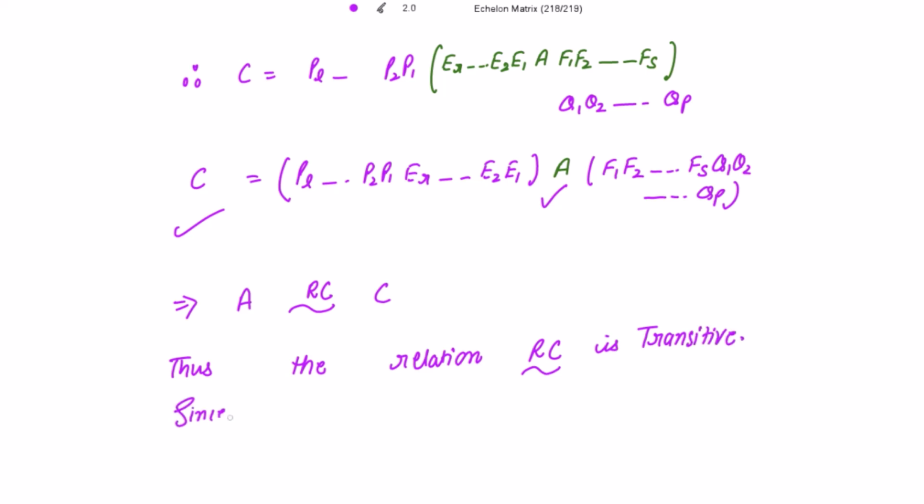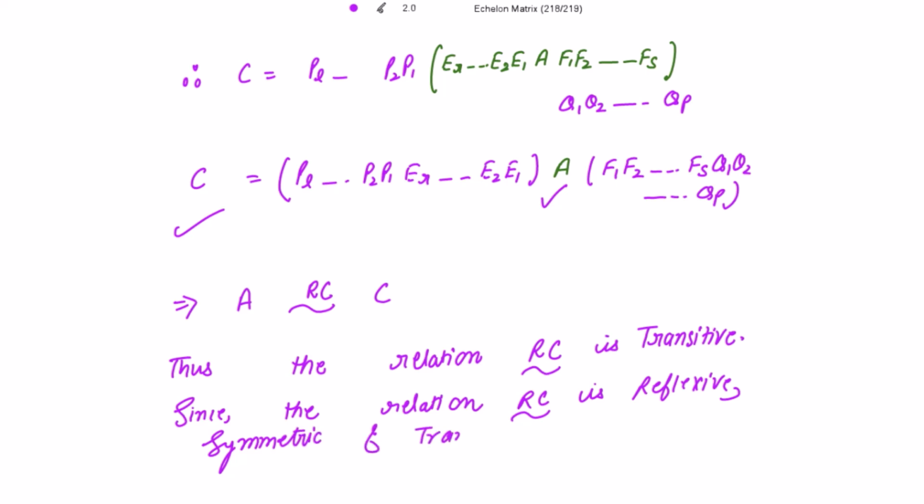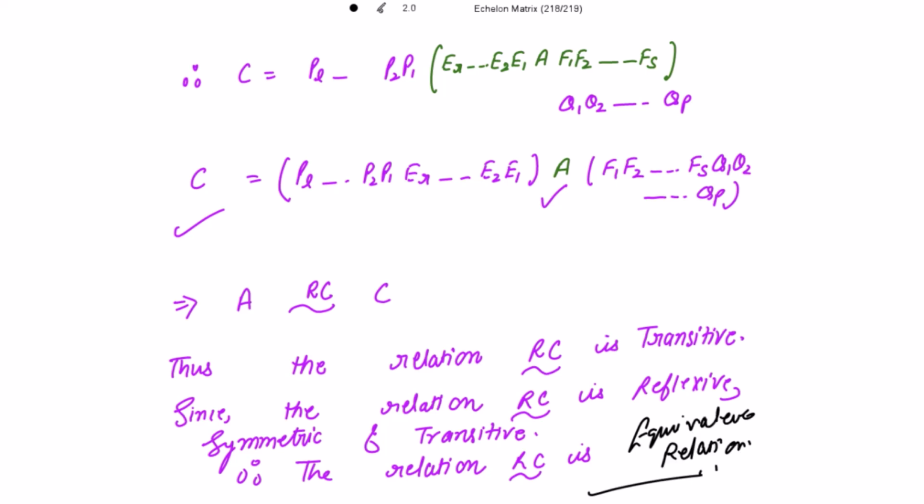And since the relation RC is reflexive, it is symmetric, and also transitive, therefore the relation RC is an equivalence relation. Alright, thank you.